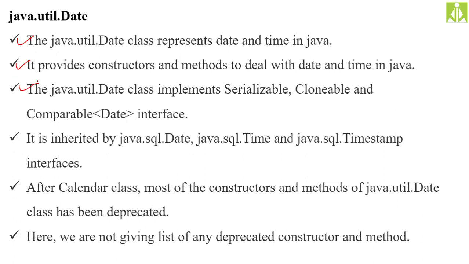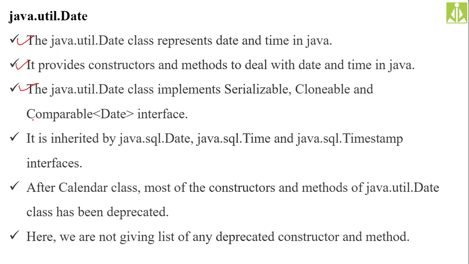So java.util.date class implements Serializable, Cloneable, and Comparable. So you can even compare the objects of two date classes, okay. How is it becoming possible? Because it is implementing the Comparable interface as well. So you can simply compare the objects, which is not possible with other objects, where we have to go for methods.